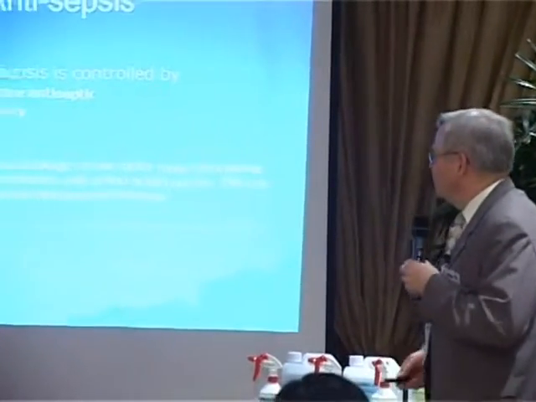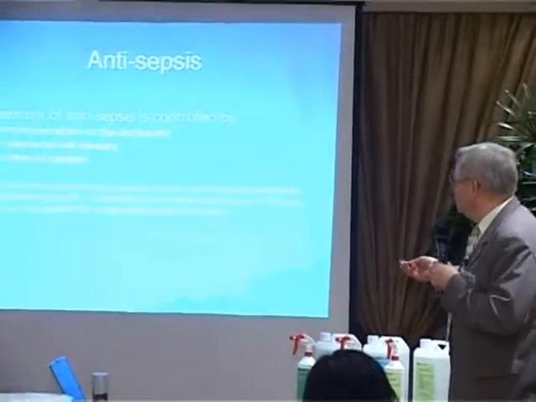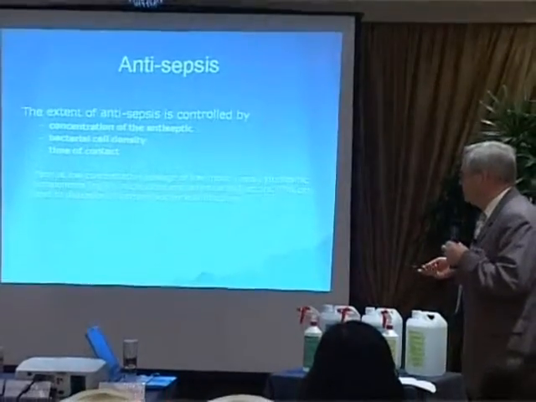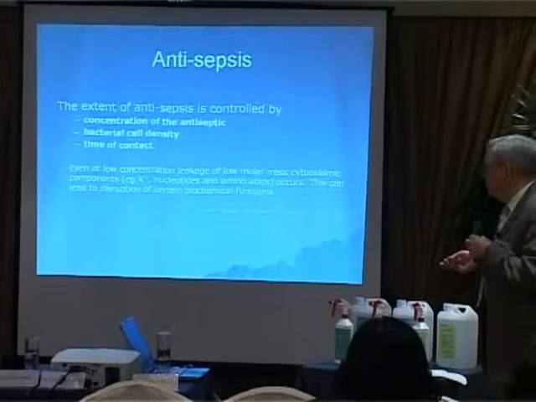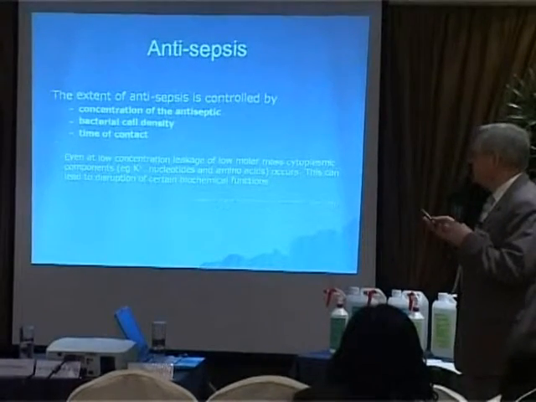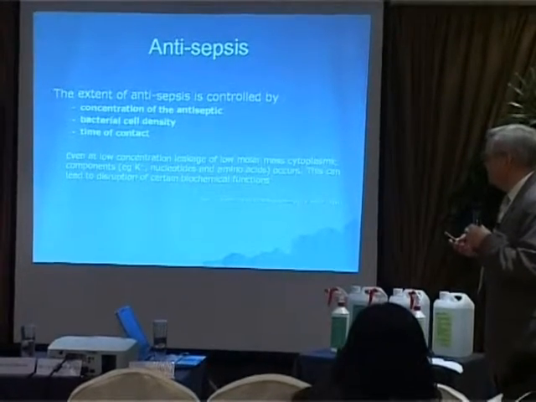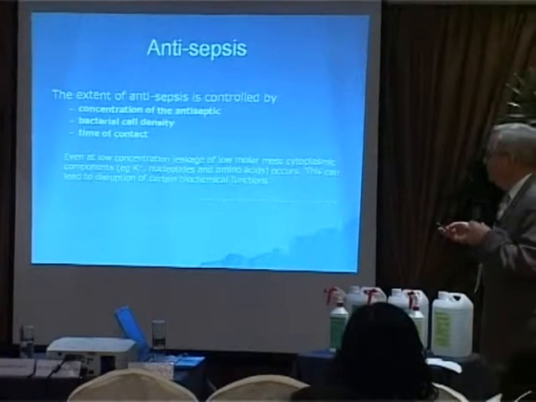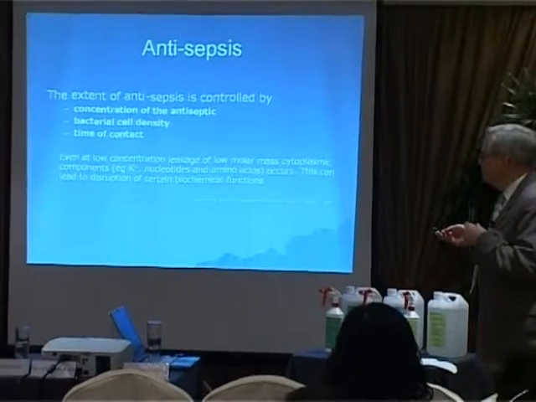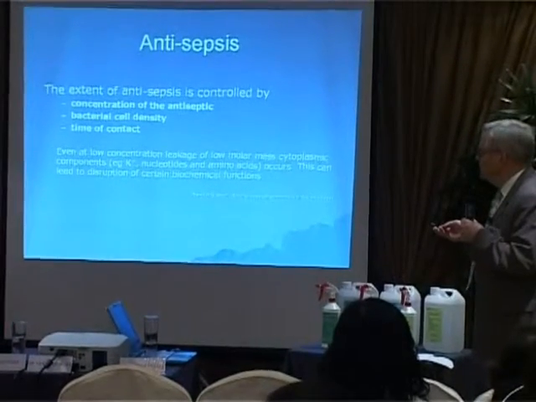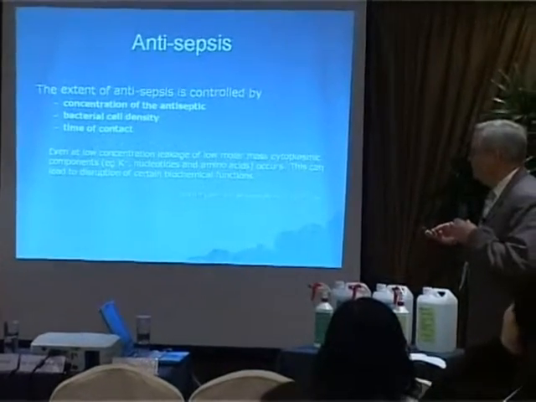So leakage of the nucleotides, the sugars, and the amino acids, as well as the potassium ions, starts taking place fairly low down, but obviously the extent of the antisepsis is going to depend upon these three things.